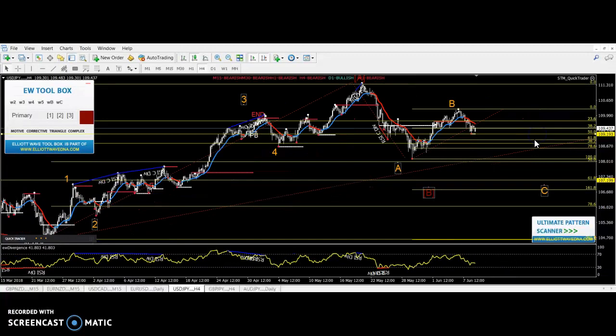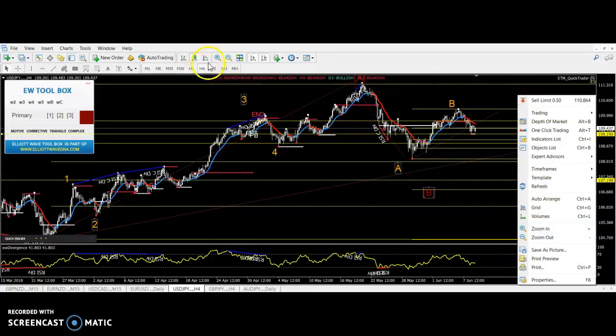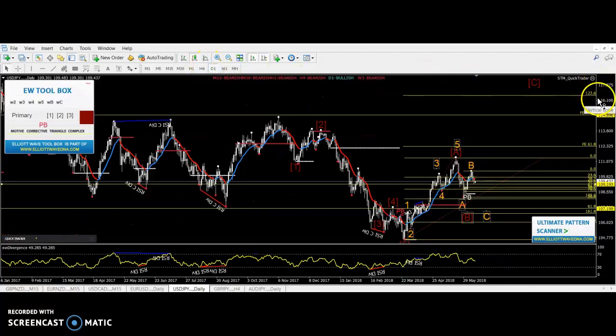On the 4 hour, we can be looking at an entry for 109.193 with that long-term 114 target. So it looks like there is an entry here on USD Japanese yen I can look at, that'd be the 109.193 with that long-term target I talked to you about of the 114.896.